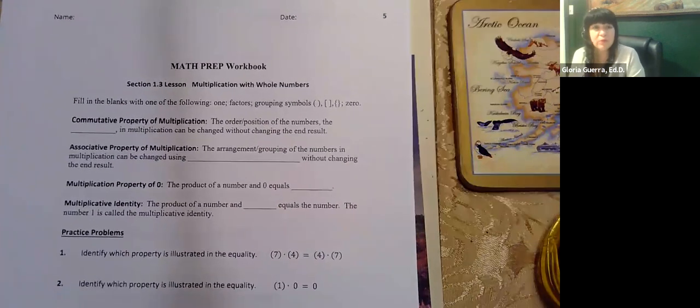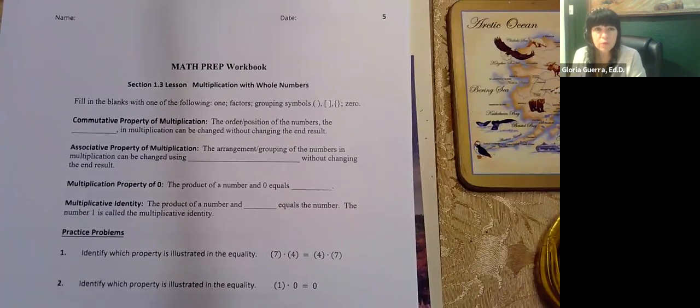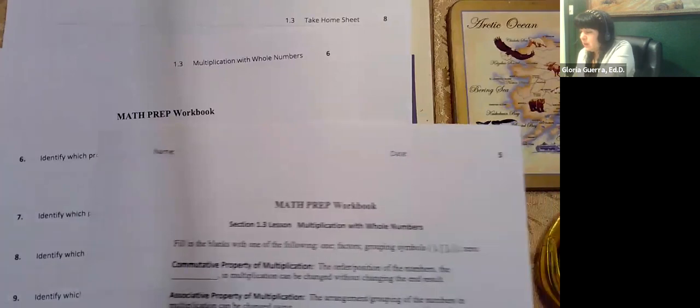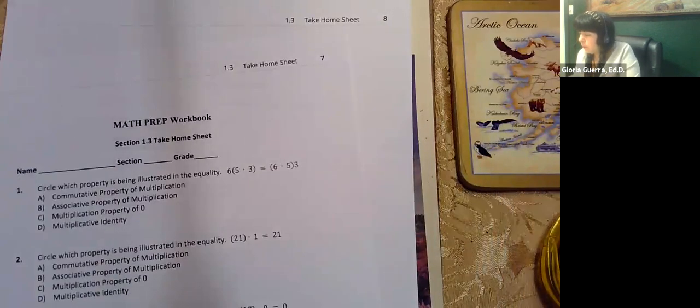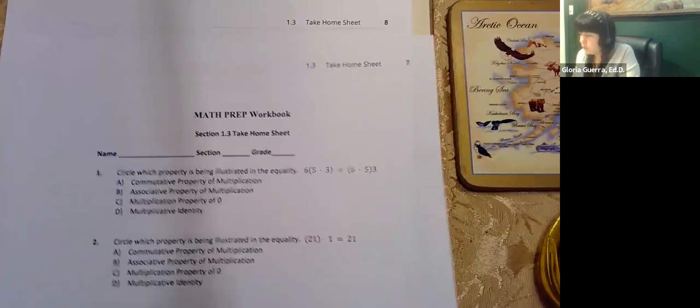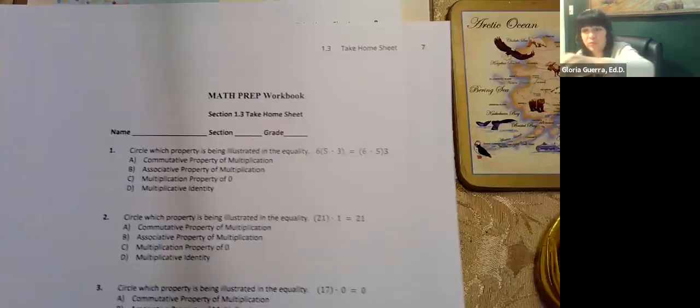All right, so I'm going to record lesson 1.3 for the co-rec course. There are just 2 pages, 5 and 6. After that, there are some recommended take-home sheets, pages 7 and 8, for extra practice.